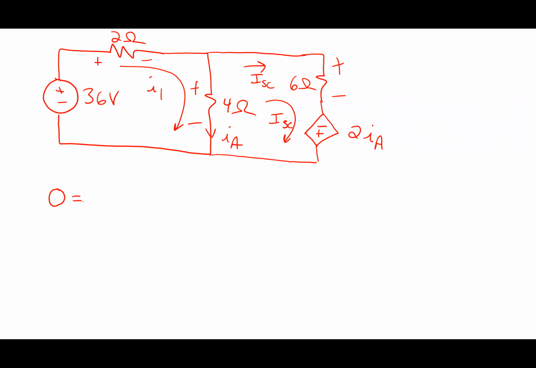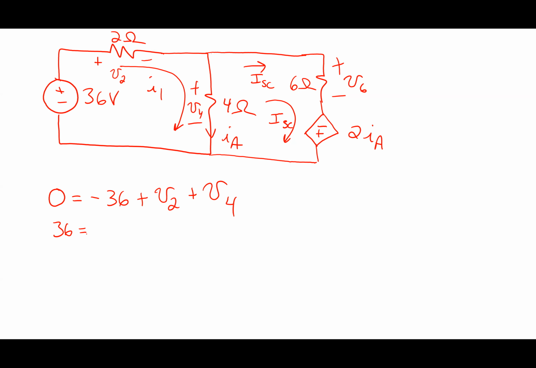So how do I write that for the left mesh? Negative 36. Again, I'm going to go slow. I'm going to call this V2, I'll call this V4, call that V6. I have plus V2 plus V4, like that. So I'm going to rewrite this and say I got 36 equals, what is V2?